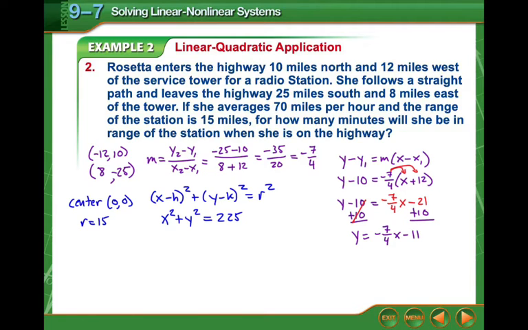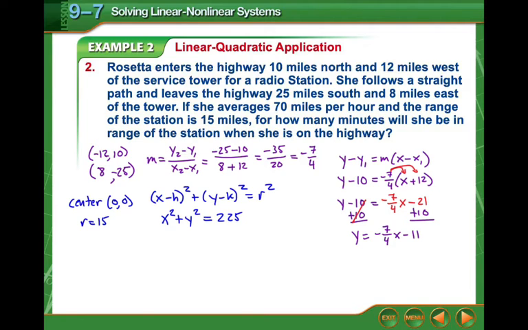And then we have the line to graph. y equal to a negative 7/4 x minus 11. Change these to the colors I wrote in. Not that that really matters, but that's okay. So there's our radius of the radio station. There's her driving down the highway.